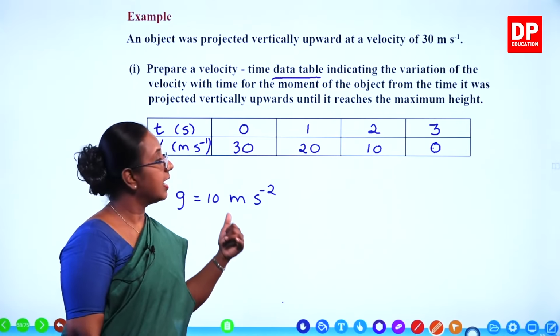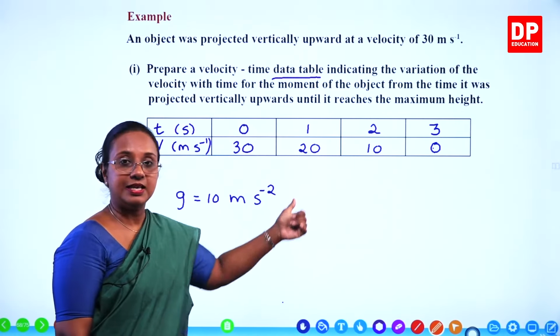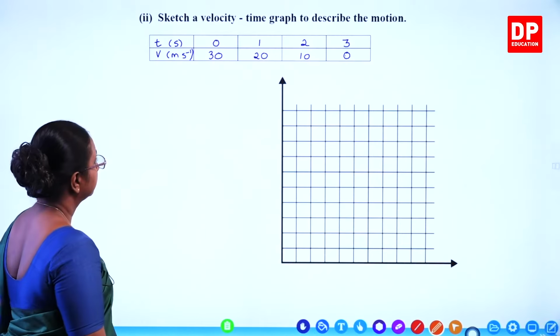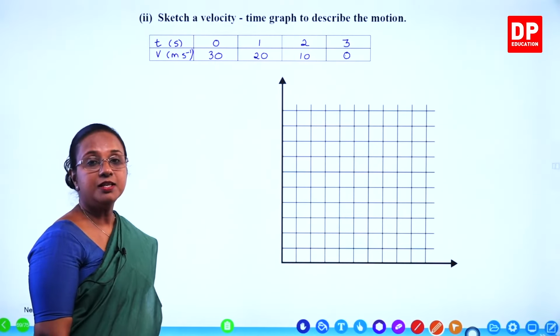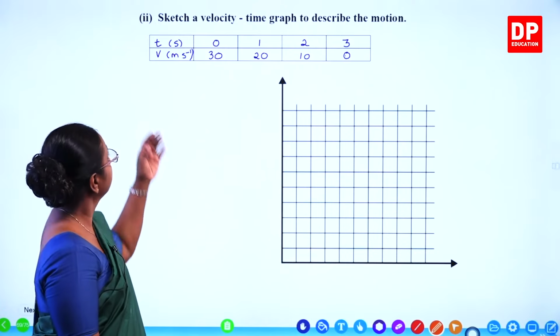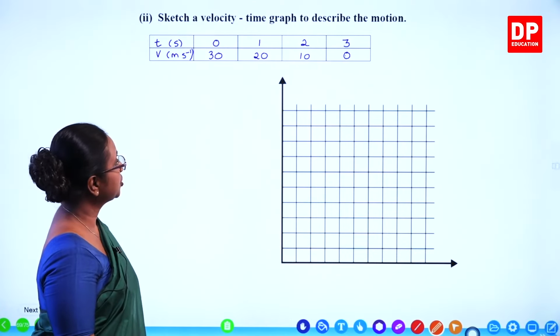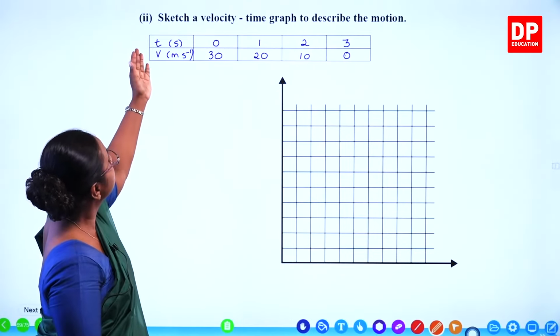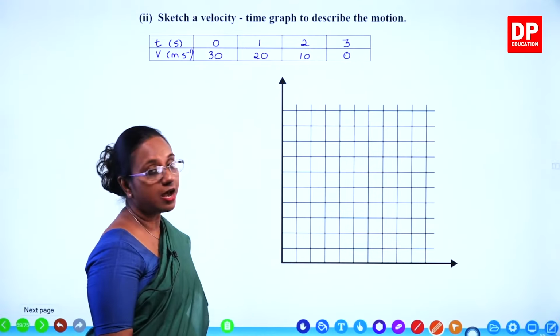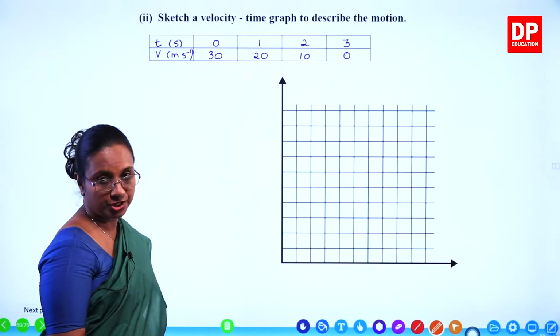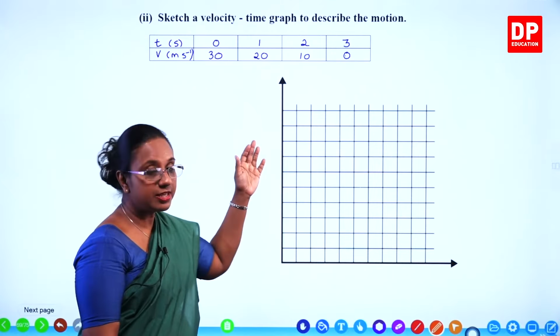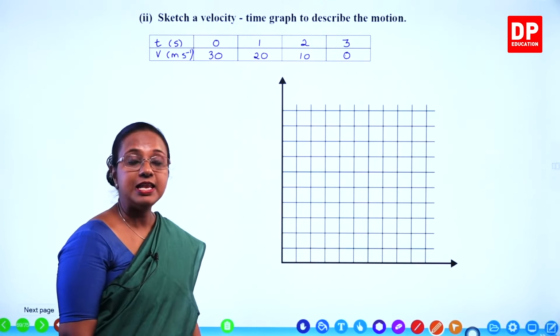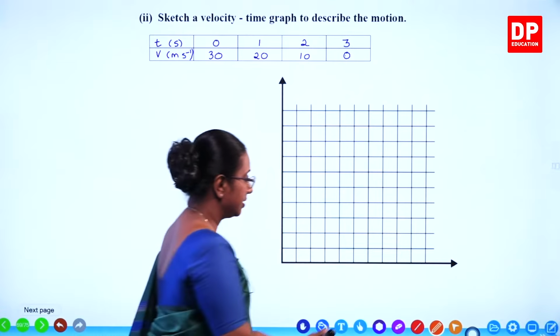Now we will see how we can plot this in a graph. So we have the data table that we created in the previous question. Now we will have to sketch a velocity time graph to describe the motion. As you all know, always for a graph you have to label the axis first.